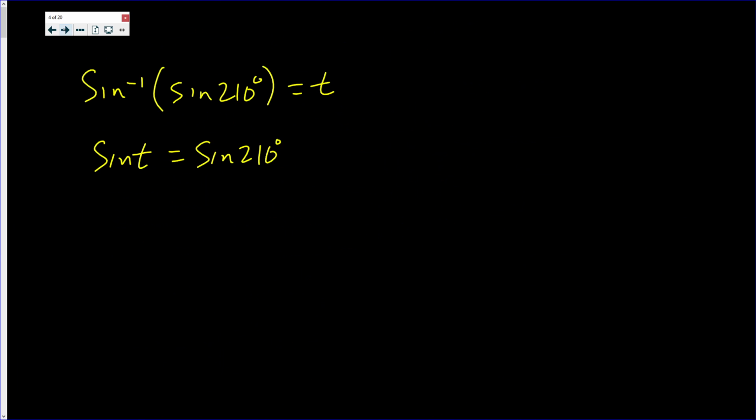So let us do the next problem, the real next problem. The next problem is the cosine inverse of the cosine of 420.